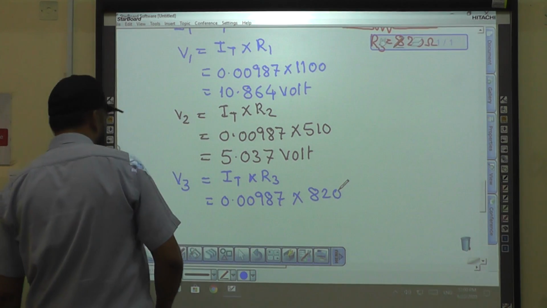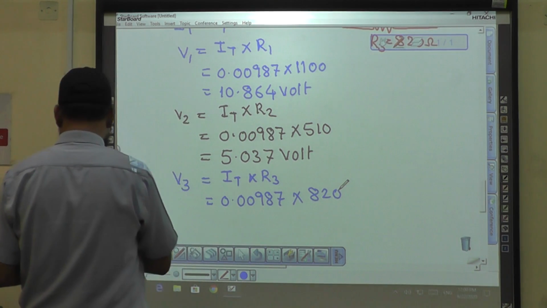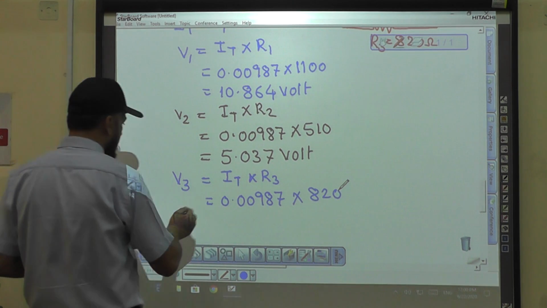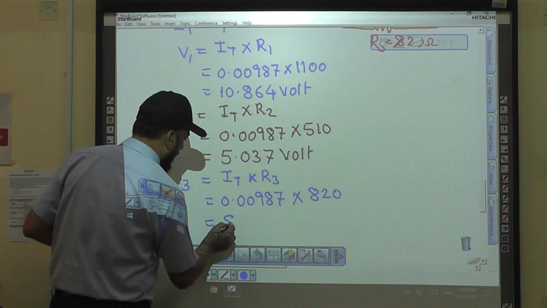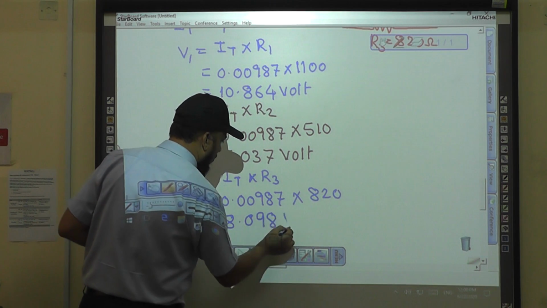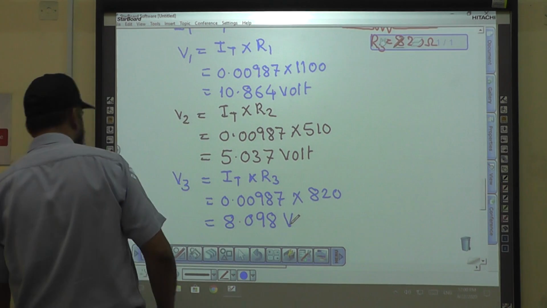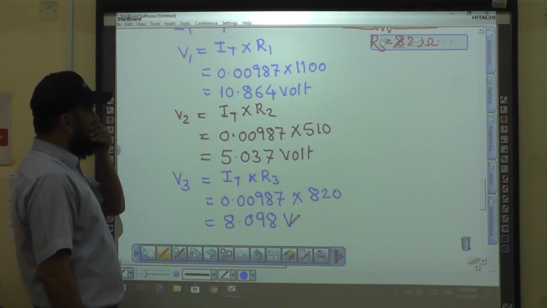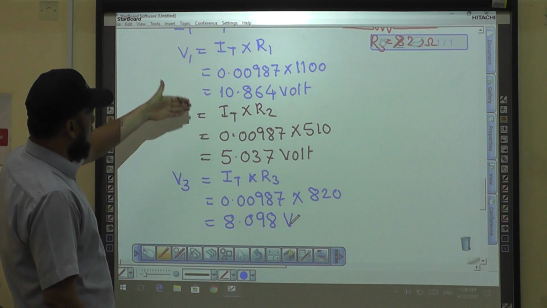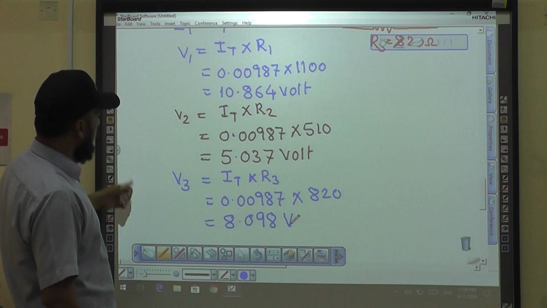So for this the answer is 8.0984. So we have now calculated the three voltage drops for the resistances R1, R2 and R3 as V1, V2 and V3.